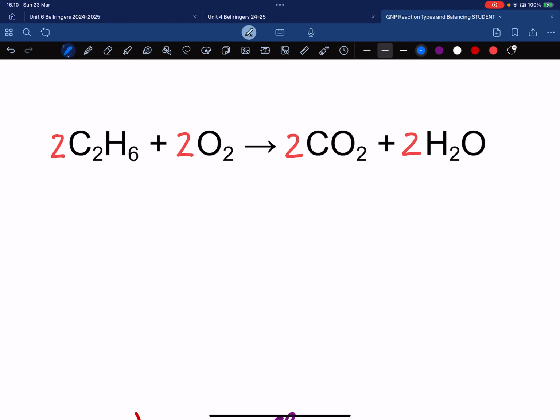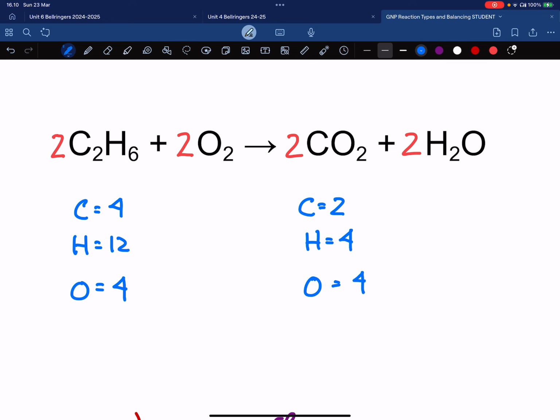Then when you do your counting, you're going to get 4, you're going to get 12, you're going to get 4. Then on the other side, you're going to get 2, you're going to get 4, and you're going to get 2 times 2 is 4, plus 2 is 6.